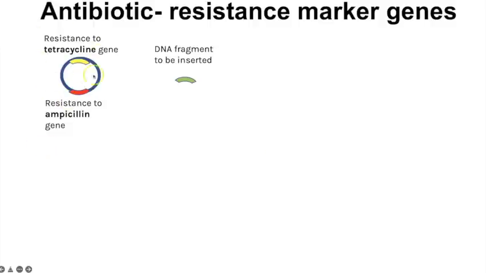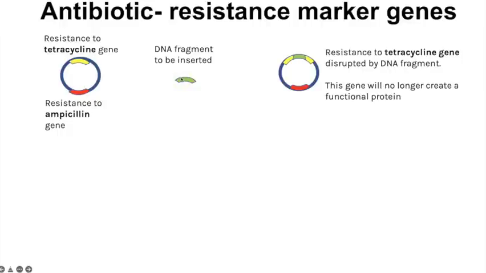So we have here a plasmid which contains two marker genes. One gene makes the bacteria resistant to the antibiotic tetracycline, and the other one produces a protein to make the bacteria resistant to the antibiotic ampicillin. And here is our DNA fragment.